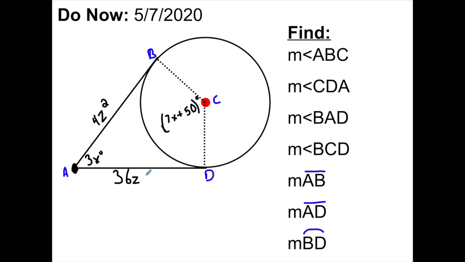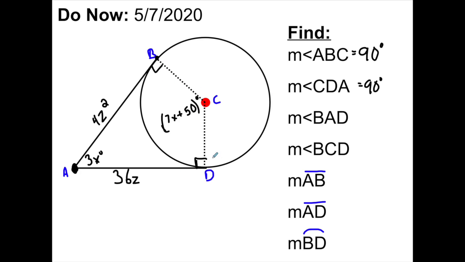We know that tangent lines are always perpendicular to the radius formed by connecting the center to the point of tangency, the one point where the tangent line touches the circle. So this makes this 90 degrees because they're perpendicular. Similarly, this is going to happen with CDA. This is also going to be 90 degrees, or pi over 2 radians.